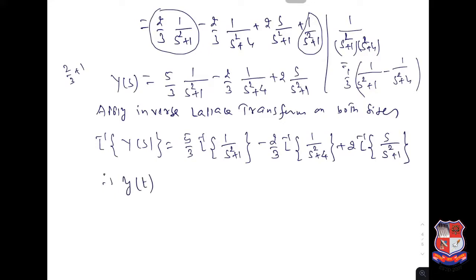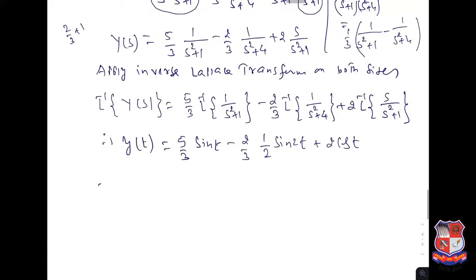Now these are very standard functions. 5 by 3, this is sin t. This is minus 2 by 3 times 1 upon 2 sin 2t, and this is plus 2 cosine t.